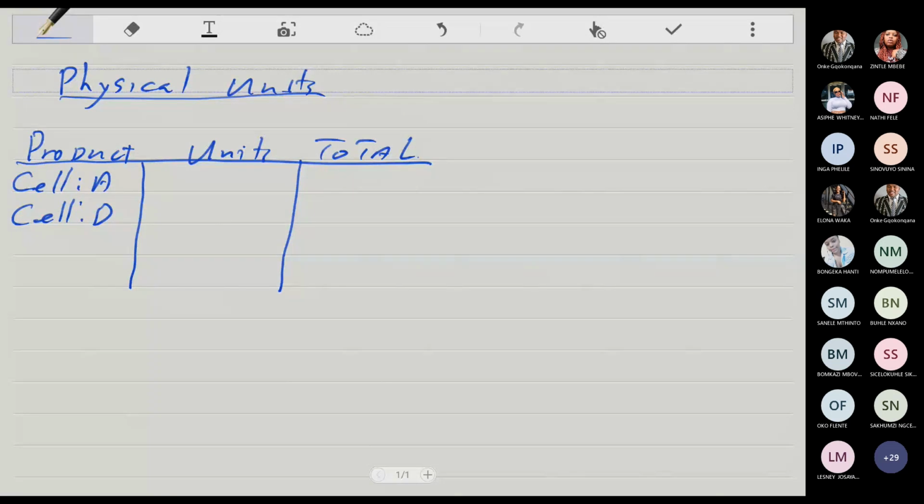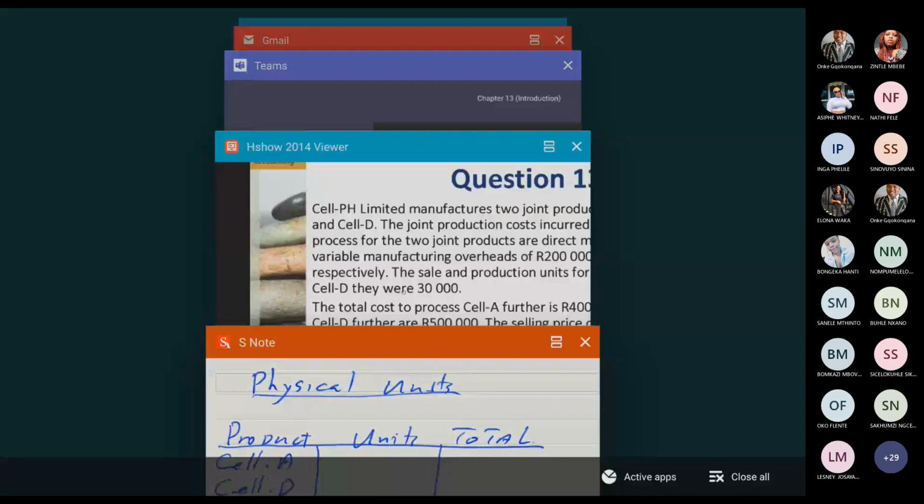Because we're using the physical units as our reporting method, we go back to the question and look at how many units we produced on Cell A and how many units we produced on Cell D. When we look at our question, it's explained clearly towards the end of the first paragraph that the sales and production units for Cell A were 25,000 and for Cell D they were 30,000.